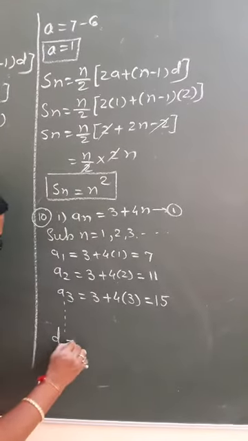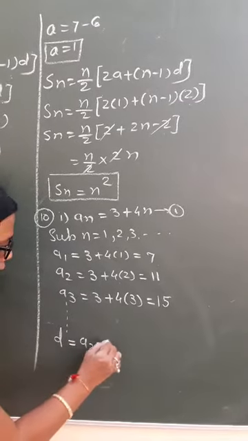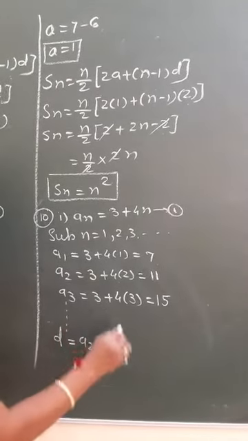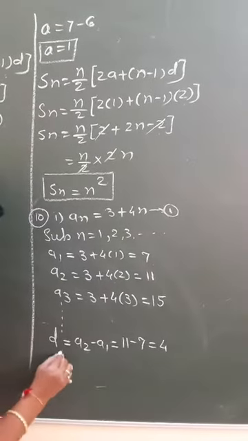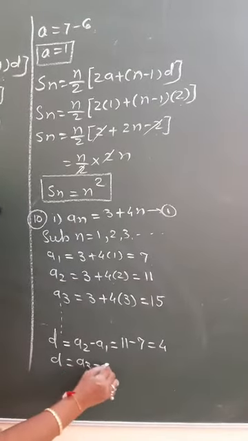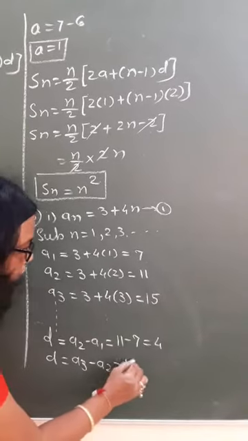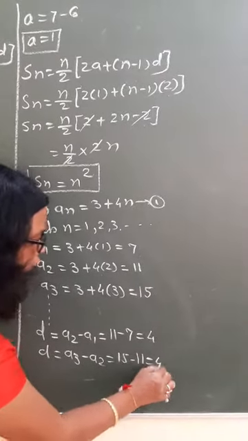Now we will find D. D is A2 minus A1, which is equal to 11 minus 7, which is 4. Again we will find D, that is A3 minus A2, which is equal to 15 minus 11, which is equal to 4.